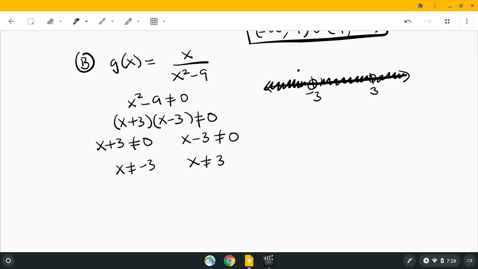This first region is negative infinity to negative 3, but not including it, so I'll use parentheses. Union, this region here in the middle is from negative 3 to 3, but not including those numbers, so again, use parentheses. And this third region is 3 to positive infinity.